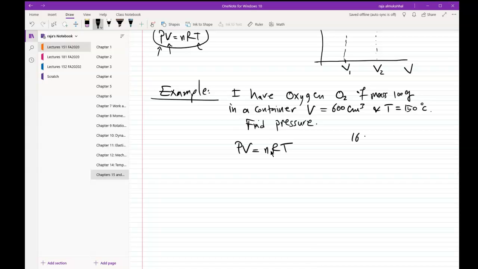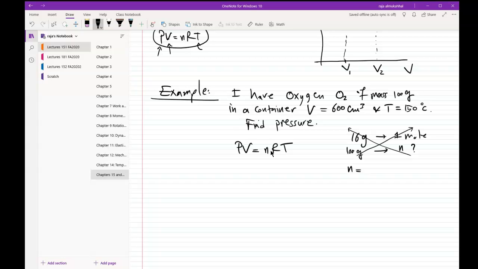So 16 grams of oxygen gives me 1 mole, right? So for 100 grams, how many moles? That's really what I'm looking for. So the number of moles is basically cross-multiply. That'd be a quick way of doing it: cross-multiply this way equals this times that.